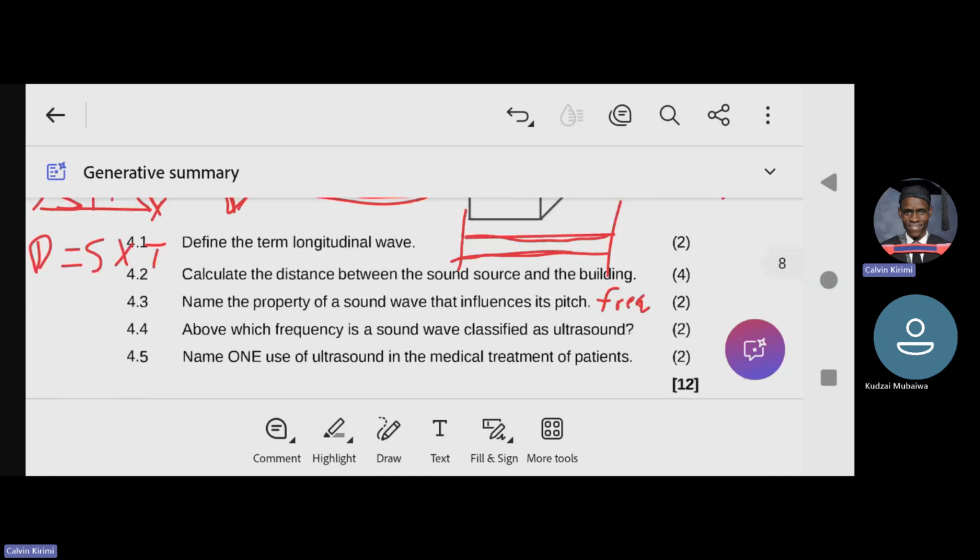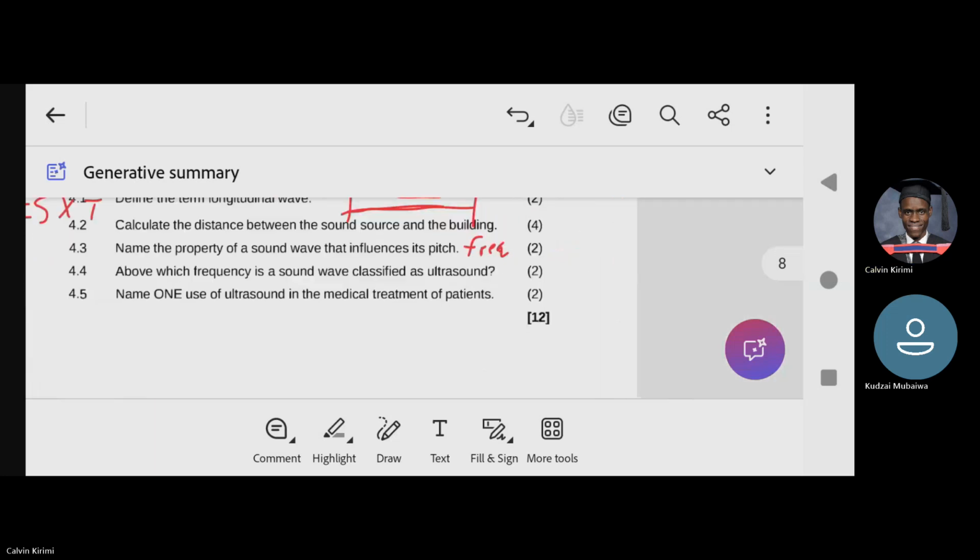Above which frequency is a sound wave classified as ultrasound? For a sound wave to be classified as ultrasound, it must exceed 20,000 hertz.